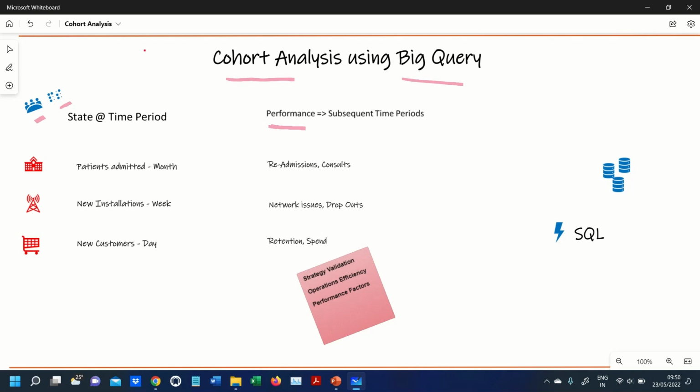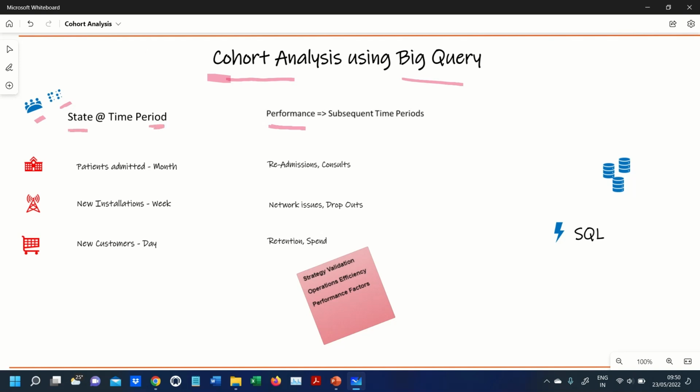Okay, so the first thing we need to understand in cohort analysis is what characteristic we are considering in order to form a group. And then we divide those groups across a certain period of time. So three things you need to understand.